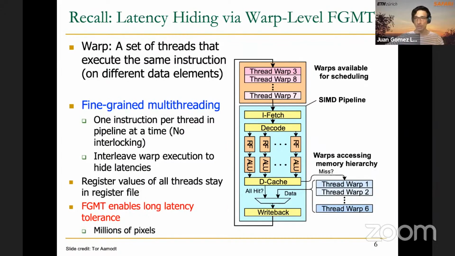This is a long latency operation that might take hundreds of cycles. And this is why it's good to have other threads and other warps ready for execution, such that we can hide the latency of the long latency operations. That's the key idea behind the fine-grained multi-threading technique.